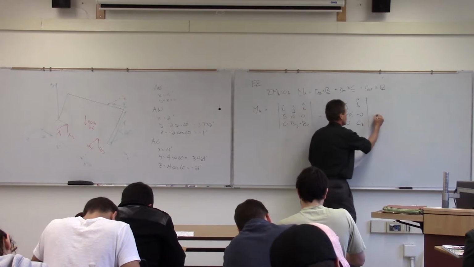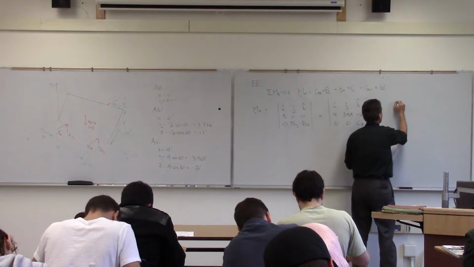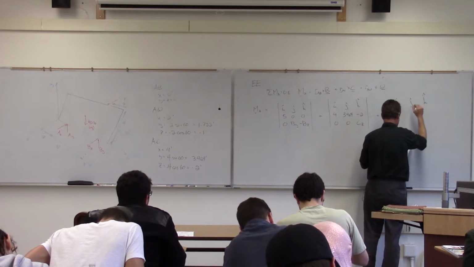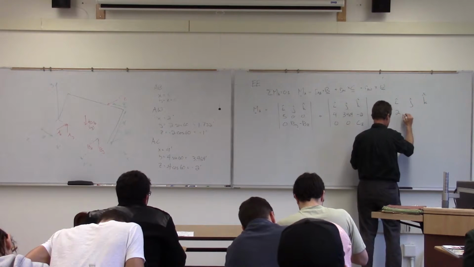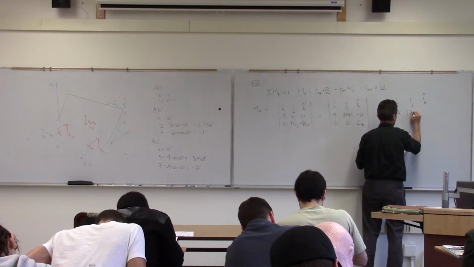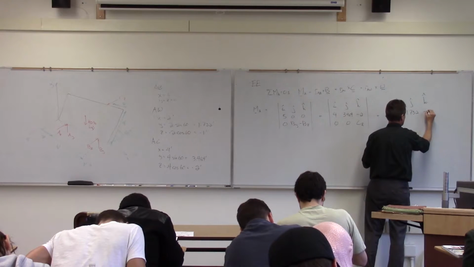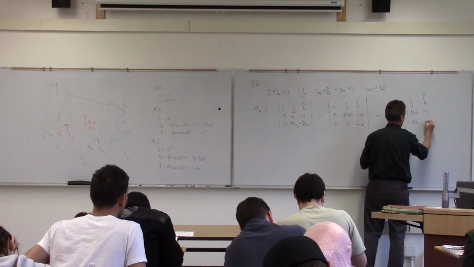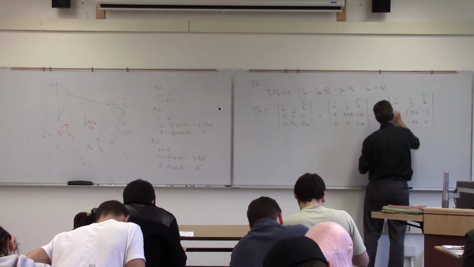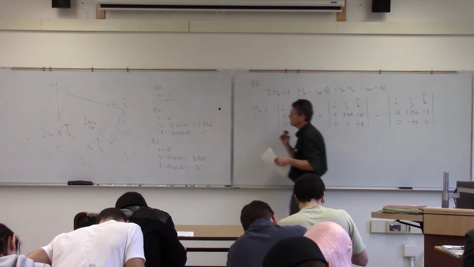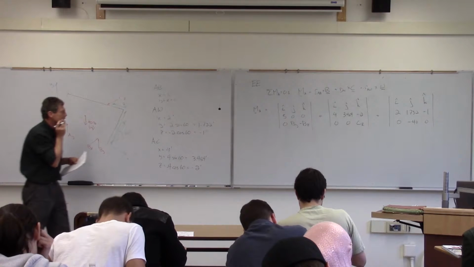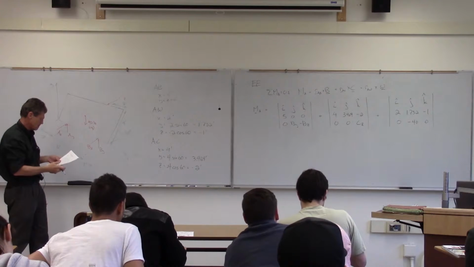And then finally my weight. And again, I know my weight's acting in that negative direction there, and I put in my R vector as shown.